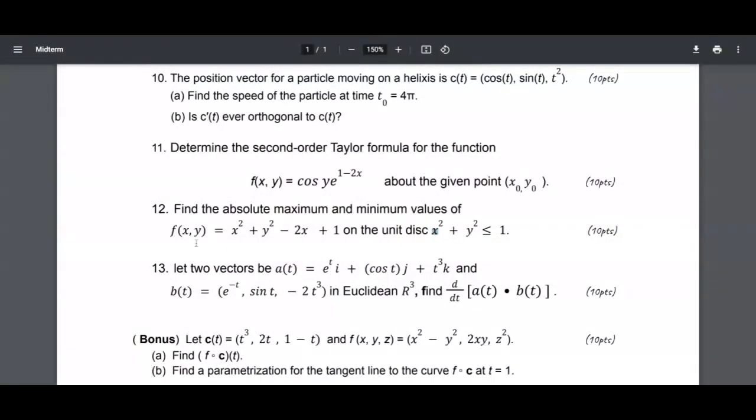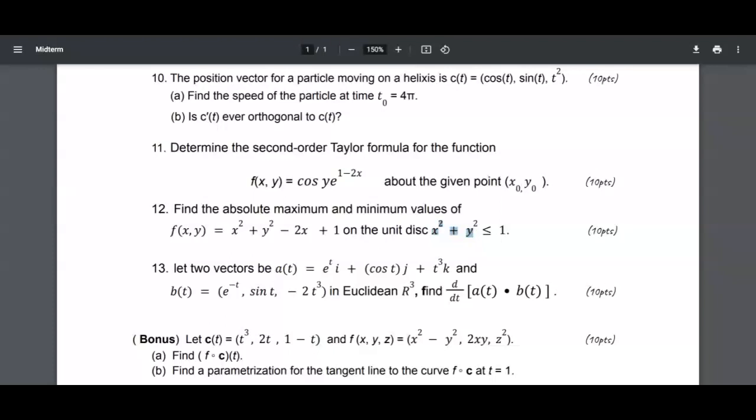So let me ask you a question. We want to find the absolute maximum and minimum. You know the method, but the only difficult thing is this over the unit disc, the discontinuity. So you have to separate it into 2 parts, right? The first part is x squared plus y squared less than 1, which is an open set. How do you find the absolute maximum and minimum over an open set?